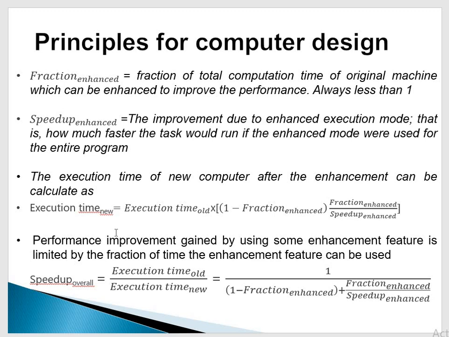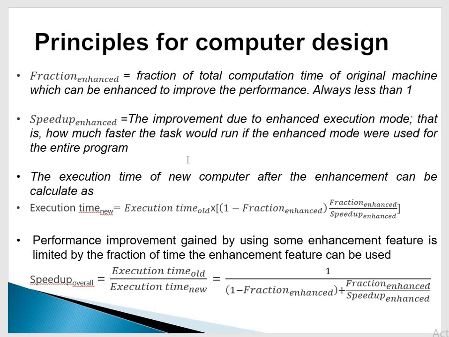Okay, so now what is the speed up? It is another parameter which is called speed up enhanced. This speed up enhanced is called the improvement due to the enhanced execution mode.